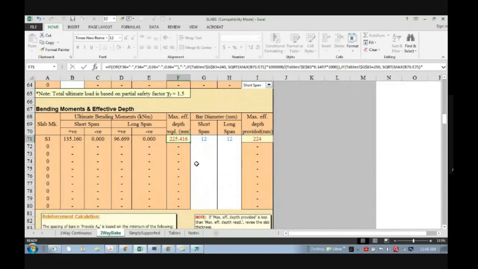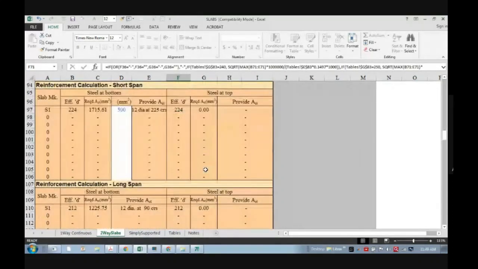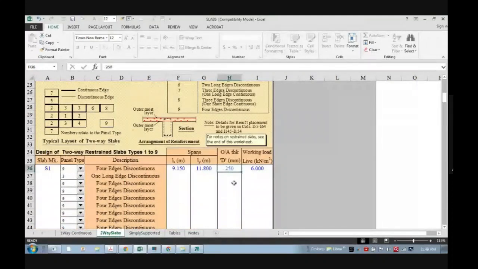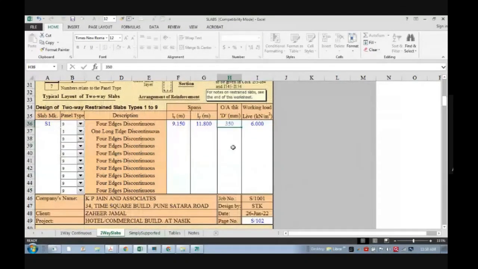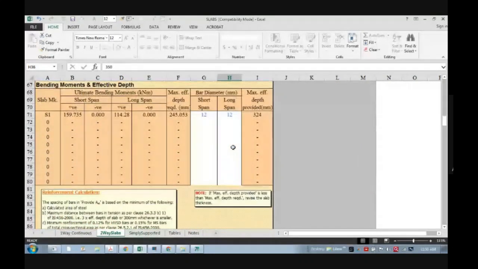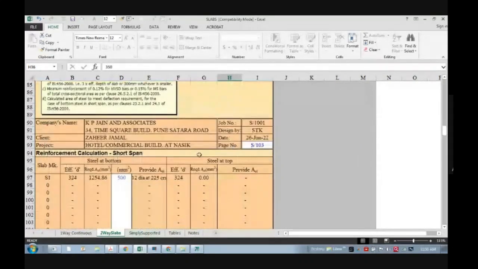Your depth requirement itself is more, so just go ahead. 250 नहीं, ये possible. Let's go with 350. For a slab, this thickness is quite huge. Steel is also required more. MM at 85 लग रहा है इसको.